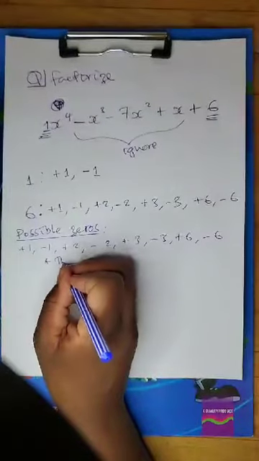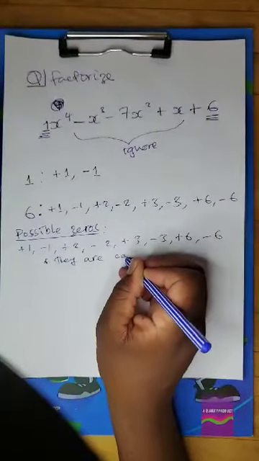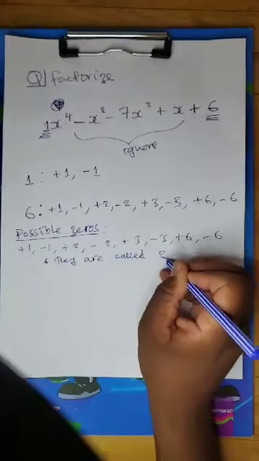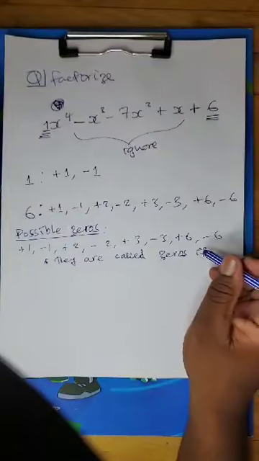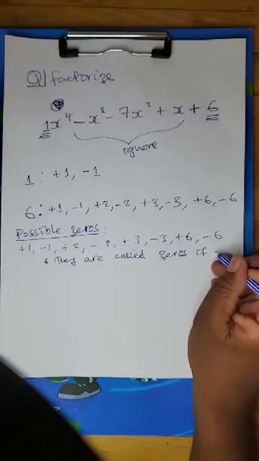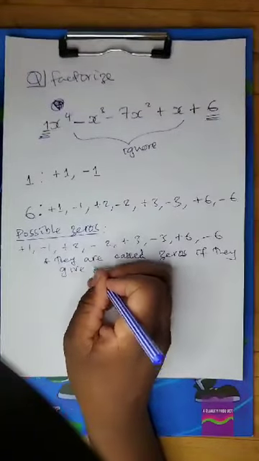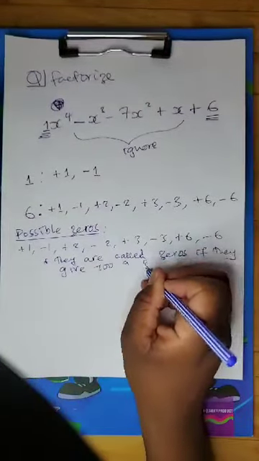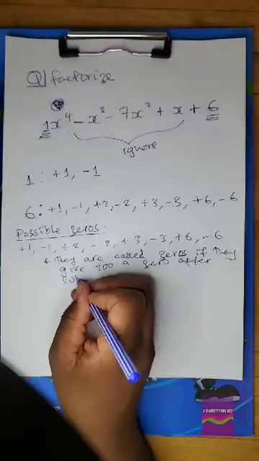They are called zeros if they give you a 0 after substituting.